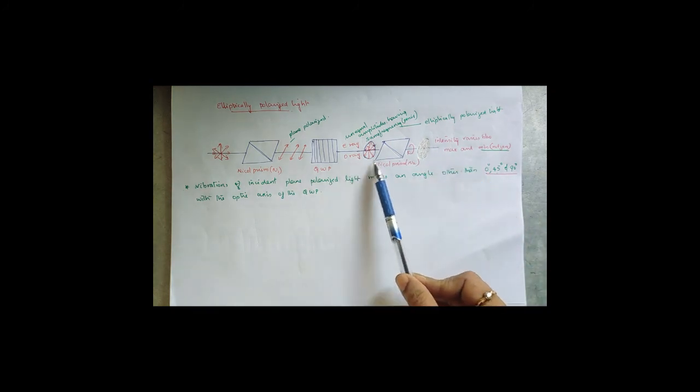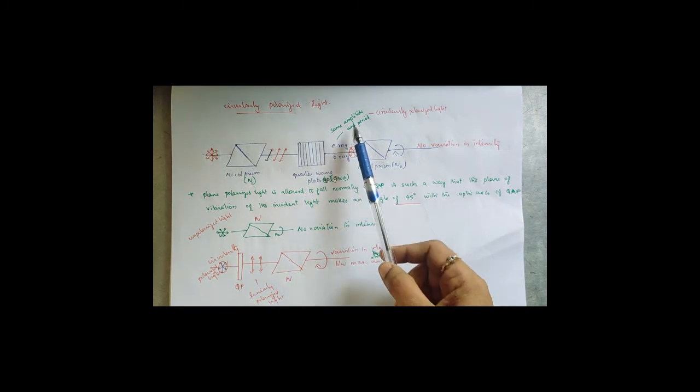We just rotate this Nicol prism here. The intensity varies between maximum and minimum. Note that the minimum is not 0 because it has unequal amplitudes. So intensity varies from maximum to minimum by rotating this Nicol prism. In this way we can identify that the emerged light is elliptically polarized light.